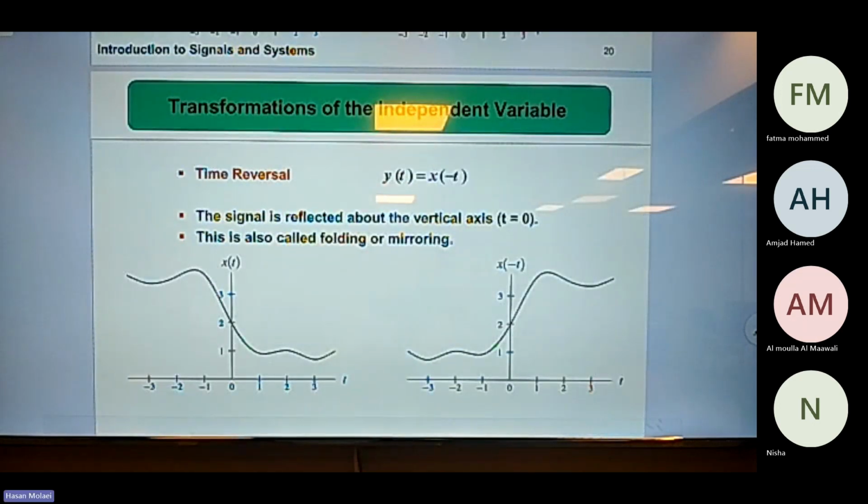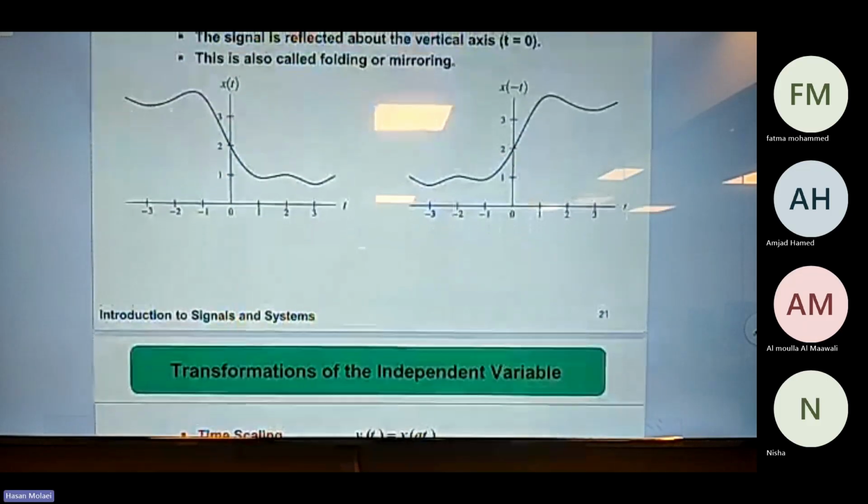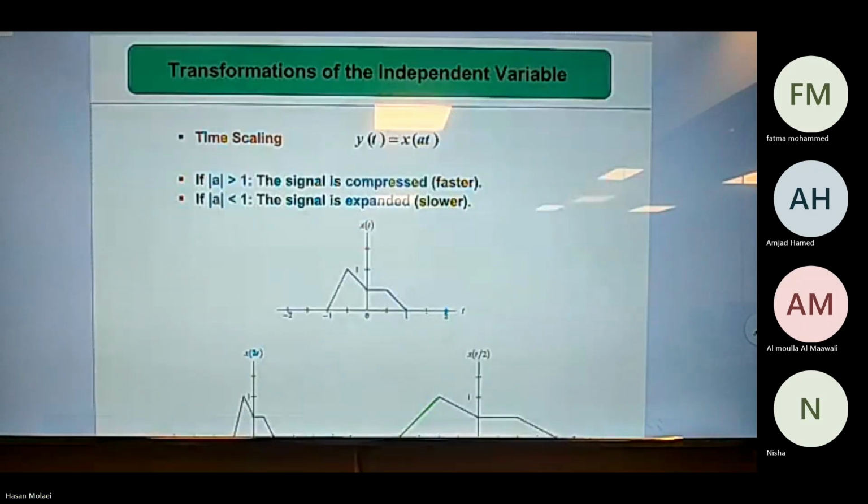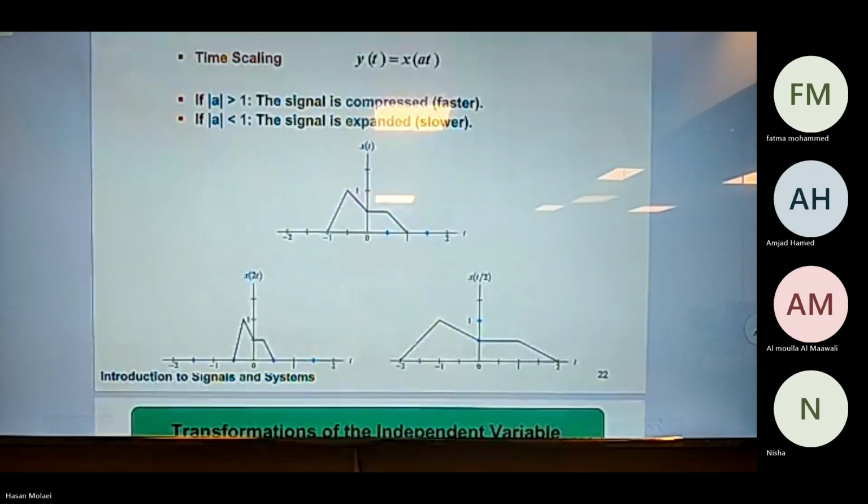x(minus t) is reversal, a reflection with respect to the vertical axis, and x(at) is scaling, which means you should scale the t axis. How come?